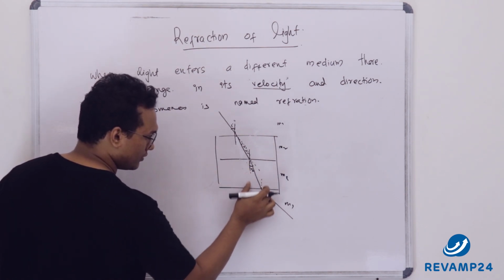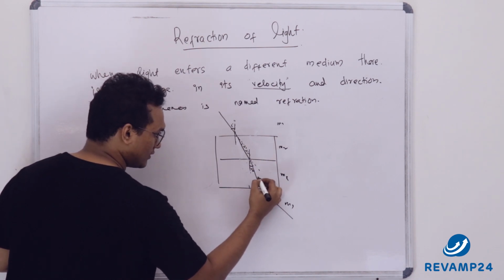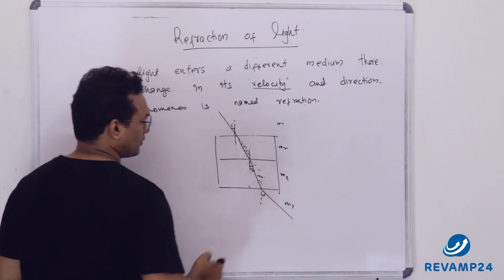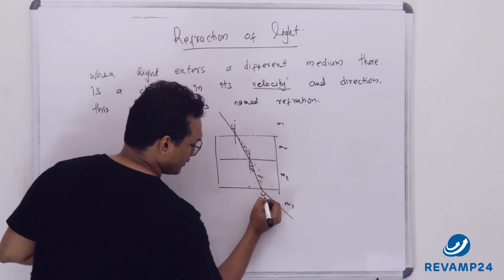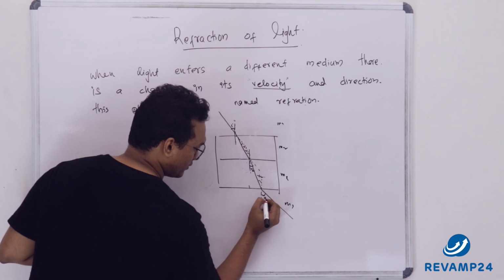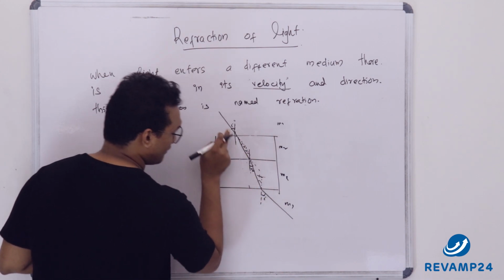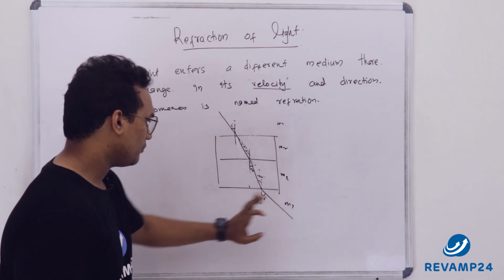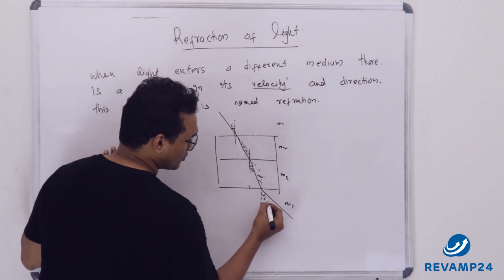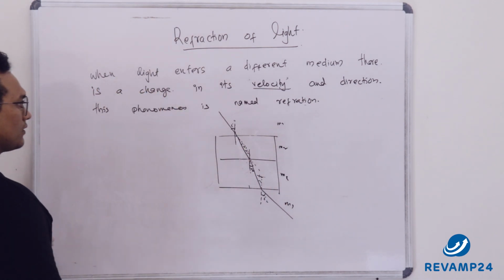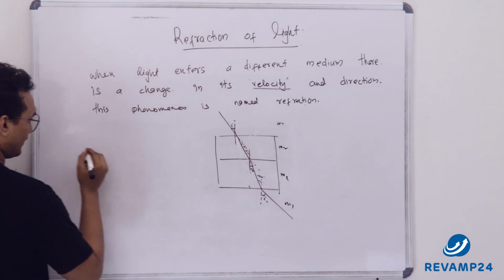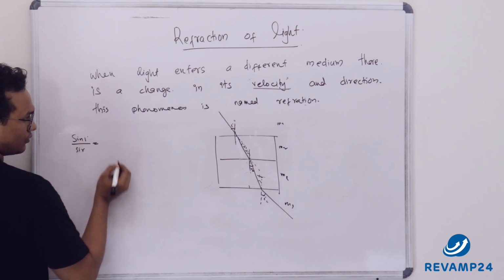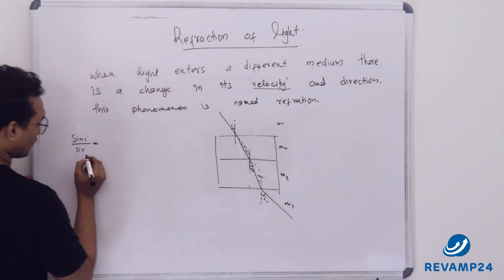As these two lines are parallel, alternate angles, this also should be R2, and this would be the incident ray, so that would be I. I am keeping the same notation in the same medium, medium 1, medium 1, so I am going to use I, or I1 I could say. So apply Snell's law here at this interface. So sin I divided by sin R is equal to, here, sin R1, right?